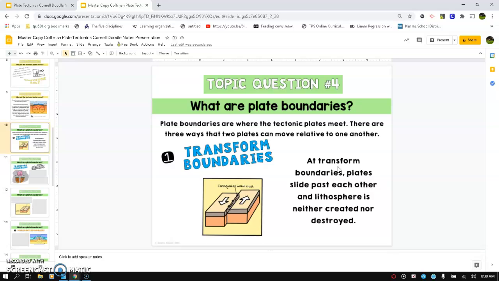Okay, and again, the nifty thing is if you need more time, pause it. So converge, diverge, transform, San Andreas. Okay, converge, diverge, transform, San Andreas.